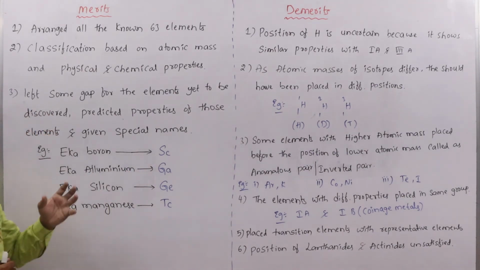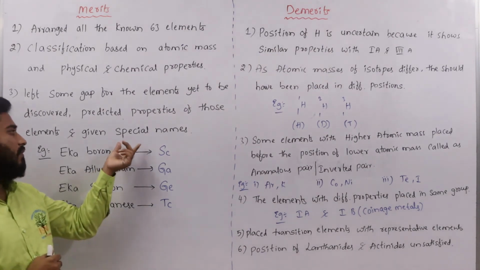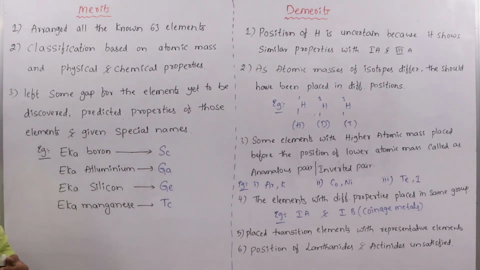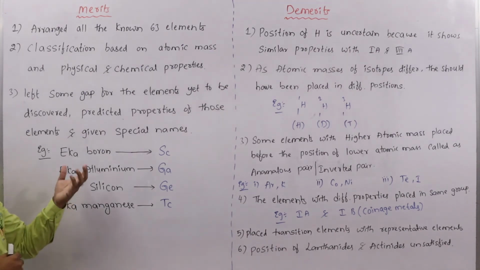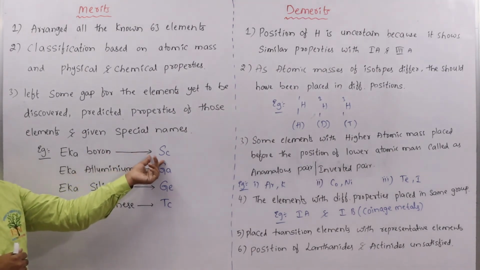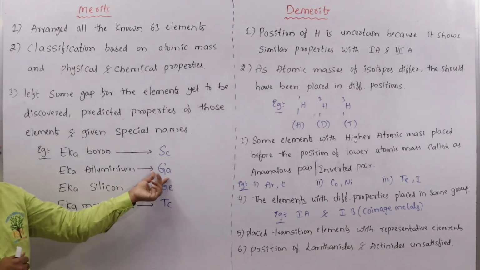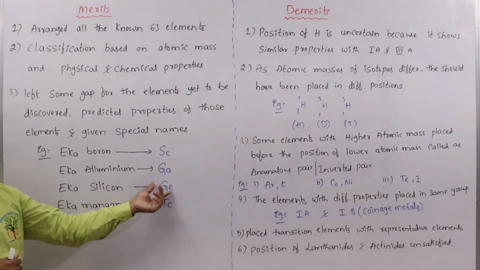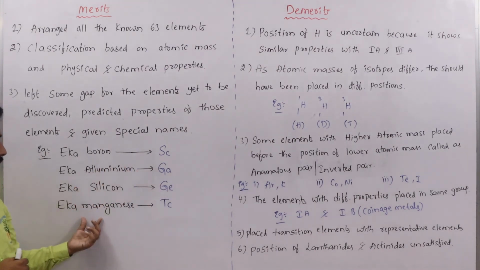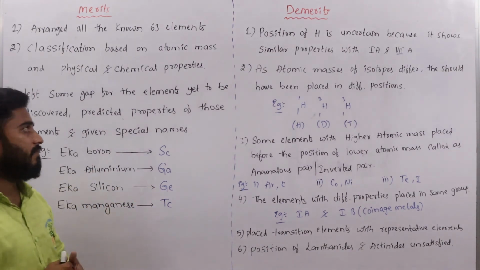He left some gaps for unknown elements, which were discovered later, gave special names to unknown elements, and predicted their properties. The special names are: Eka boron, named scandium; Eka aluminium, named gallium; Eka silicon, named germanium; and Eka manganese, named technetium later after discovery.